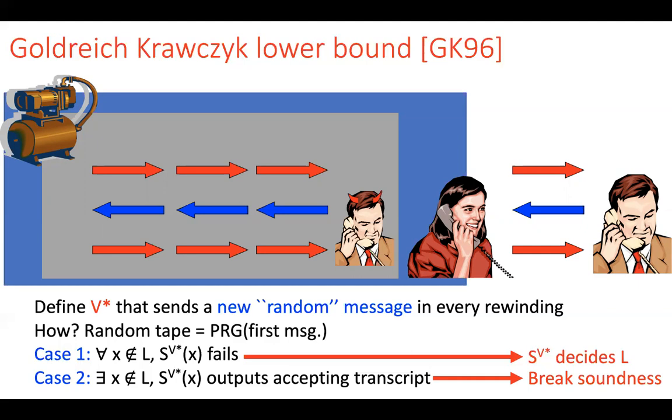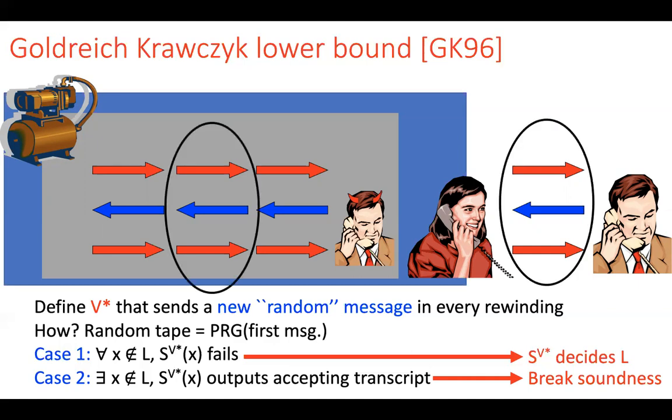And here I should point out that since we assume a black box simulator, you can assume without loss of generality that the simulator will output one of these rewinding sessions as its final output. If at all it outputs anything, it will be one of these rewinding sessions. So the goal of this malicious prover is to pick one of these sessions and forward it outside, so to use the messages with the outside verifier internally on that session.